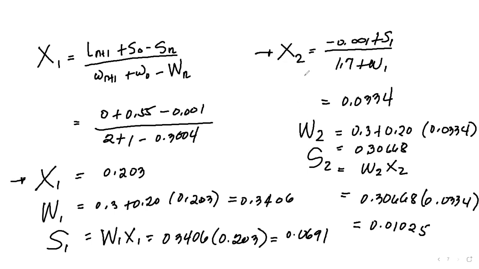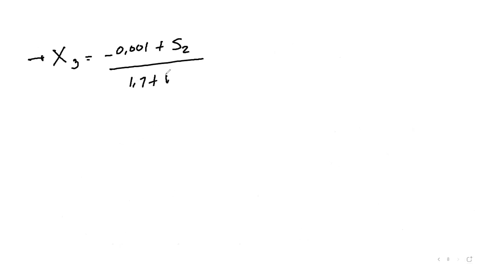Now, when will you stop? So you already have X2, W2, S2. Of course, you can determine the X3. The next would be X3. So let's say we'll first solve the X3. So for the X3, you need negative 0.001 plus this time, this is S2, and you have 1.7 plus W2.